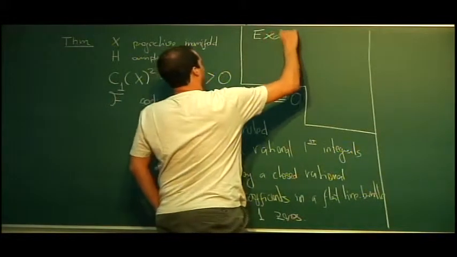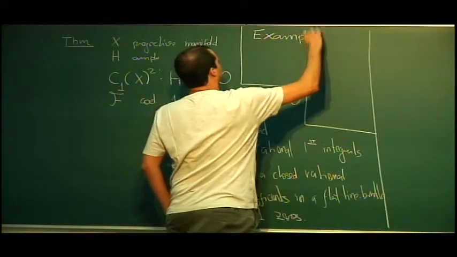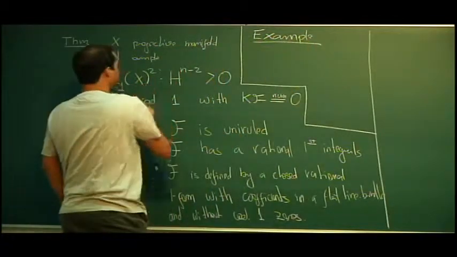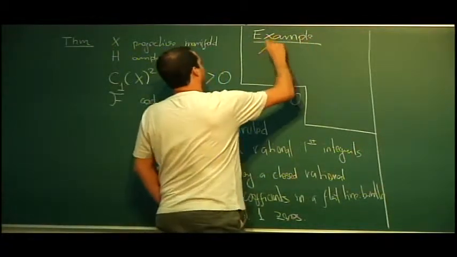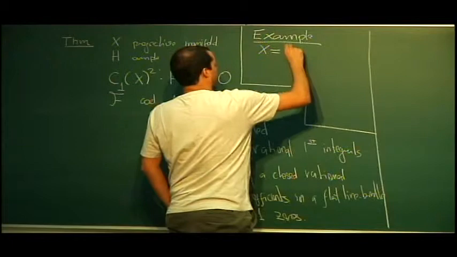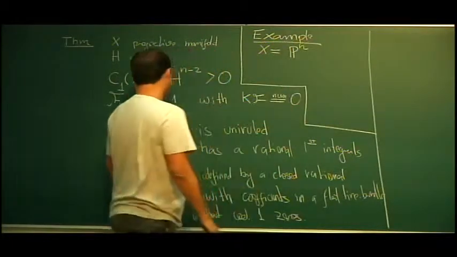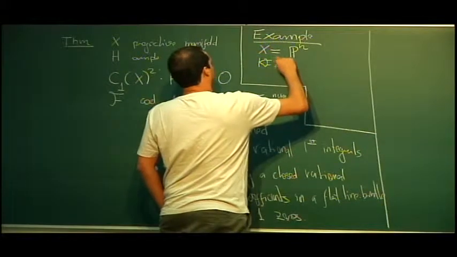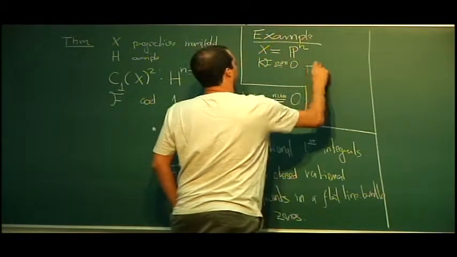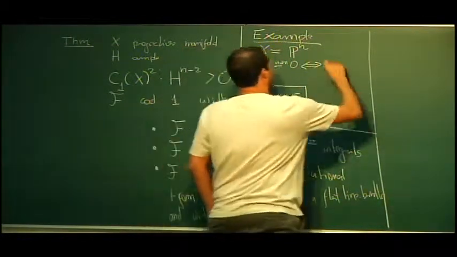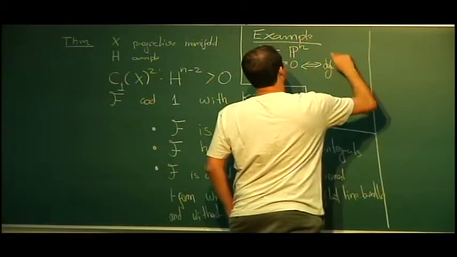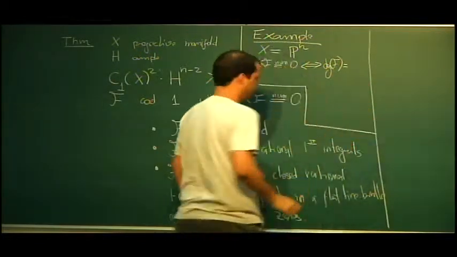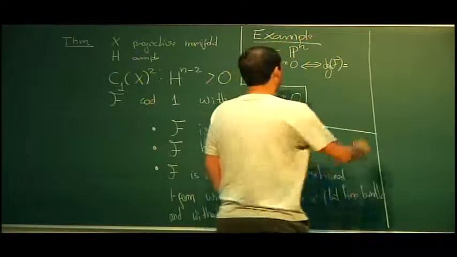an example of a variety satisfying this hypothesis is the projective spaces. And the hypothesis K_F numerically 0 is the same thing as saying that the degree of the foliation is n minus 1.